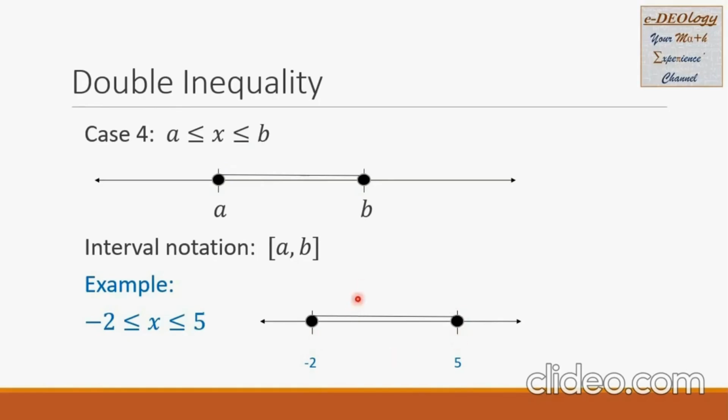All the members of the solution set are in between this -2 and 5, including the two numbers. For our interval notation, we wrote here the endpoints or the end numbers, and then the square brackets for both sides.